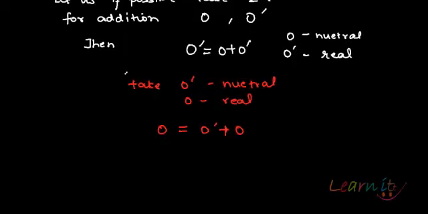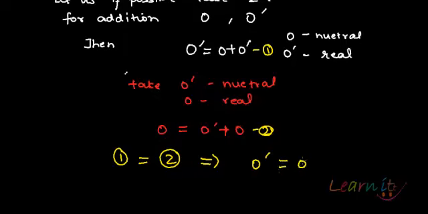Okay, so call it 1, 2. Essentially, if you notice, 1 equals 2 because 0 plus 0 prime equals 0 prime plus 0. So this will imply that 0 prime actually equals 0. So you can only have one unique neutral element in the field.